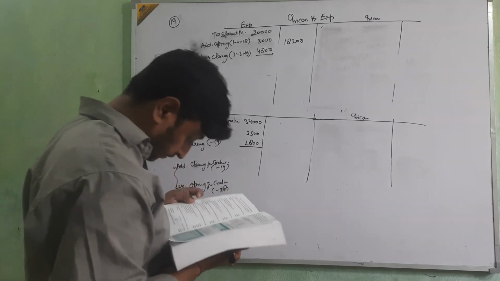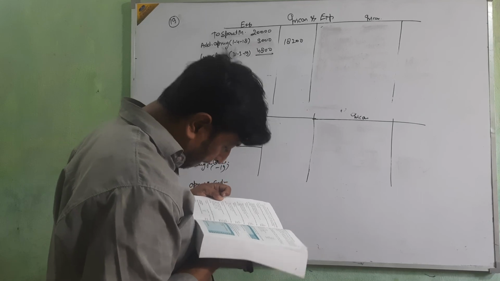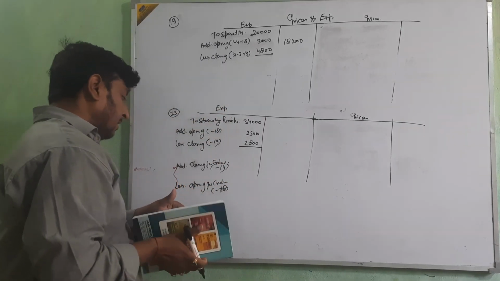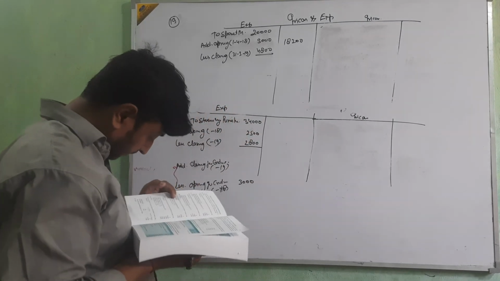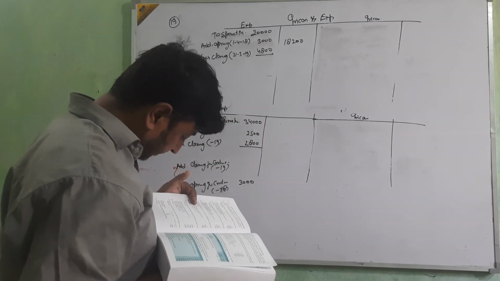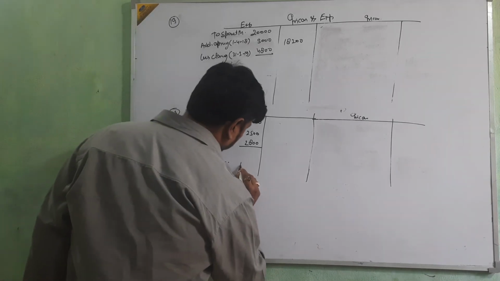Okay beta? Clear? Just see creditor 18, 3,000 opening, and closing 4,200.